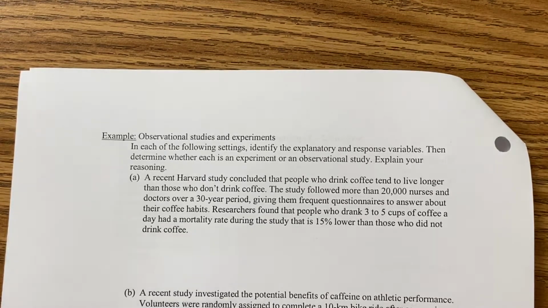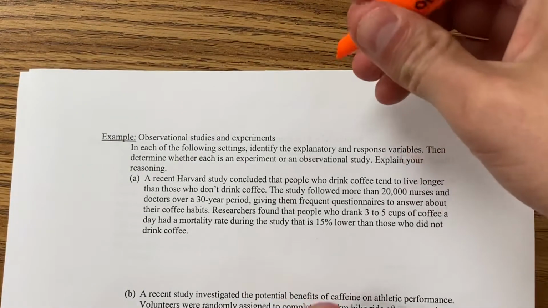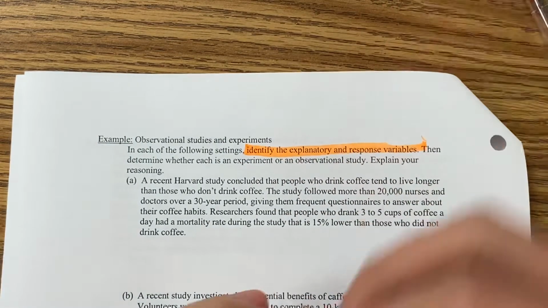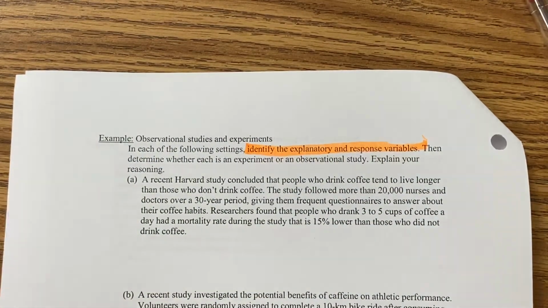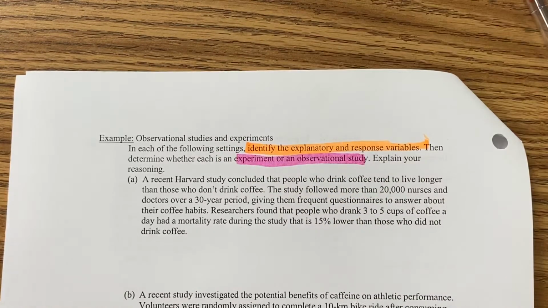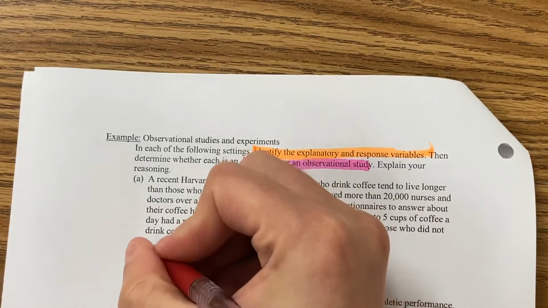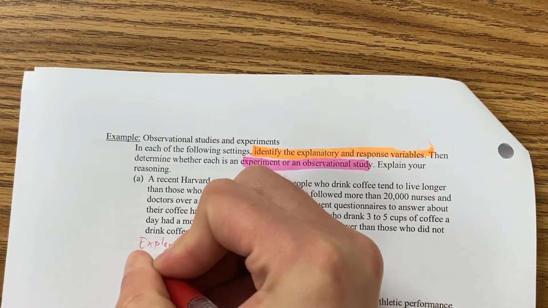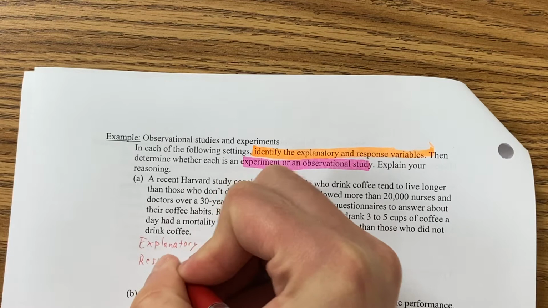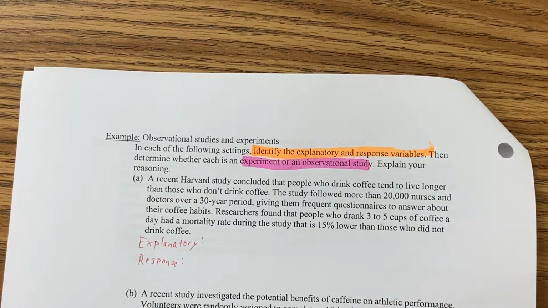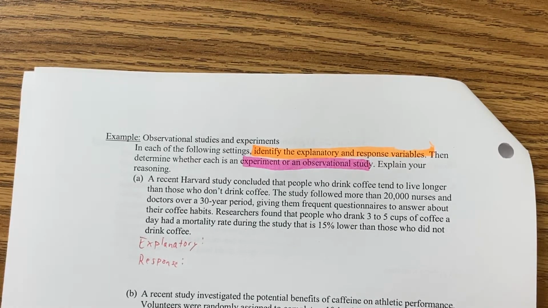Okay, so first of all, it says to identify explanatory and response variables. And in the next part, it says determine whether it is an experiment or observational. All right. So explanatory and response. Explanatory is basically what they are doing, and then response is what you are measuring afterwards.